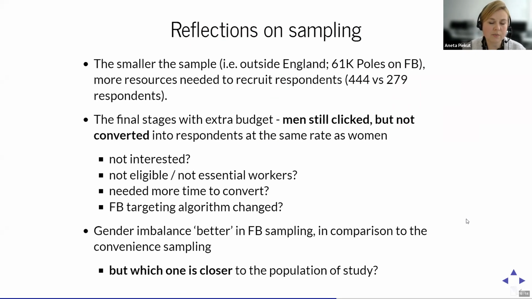And there's still something we're trying to understand better: why in these final stages men almost withdrew from the campaign, although I think the reach was still fairly good. They didn't click or didn't become a respondent. So is it because of a lack of interest, or maybe after clicking on the ad and reading the first page, they thought, oh, this is essential workers, it's not for me.